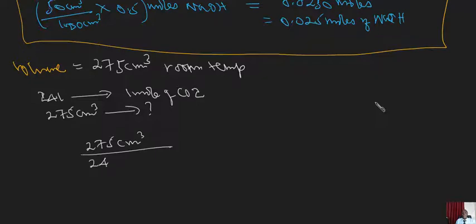That is 24,000 centimeters cubed when you convert 24 liters to centimeters cubed, multiplied by 1 mole. Now you get 275 divided by 24,000, multiplied by 1.